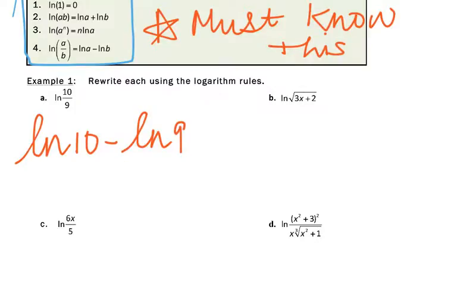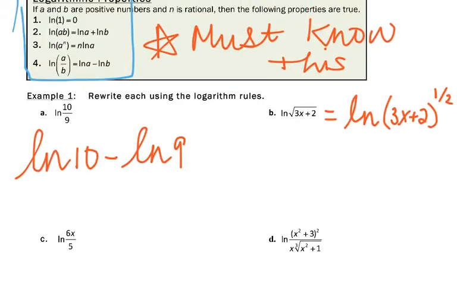Over here, for 1b, I can rewrite this as 3x plus 2 to the one-half power, because that's a radical. We also look back, with the power, we can bring the power to the front. So 1/2 natural log of 3x plus 2.